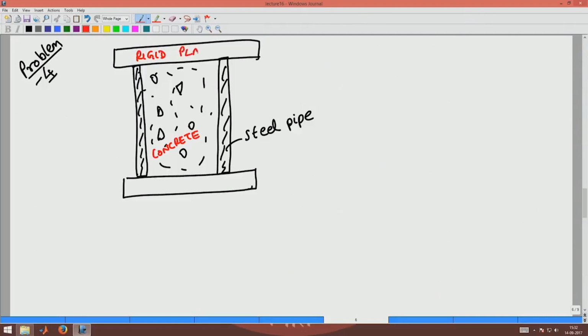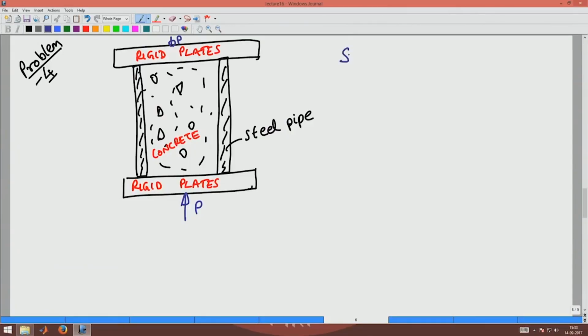I have two rigid plates on top and bottom. And I am subjecting this to a compressive load P. So, I have a steel pipe filled with concrete and I am subjecting it to a compressive force P.